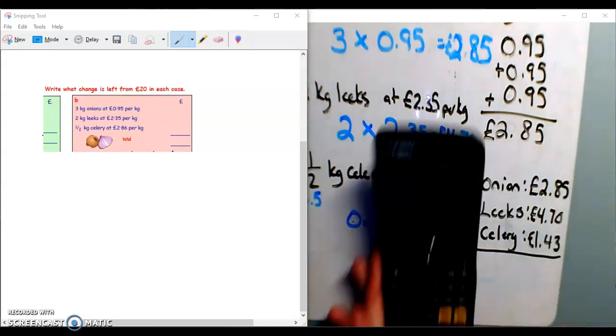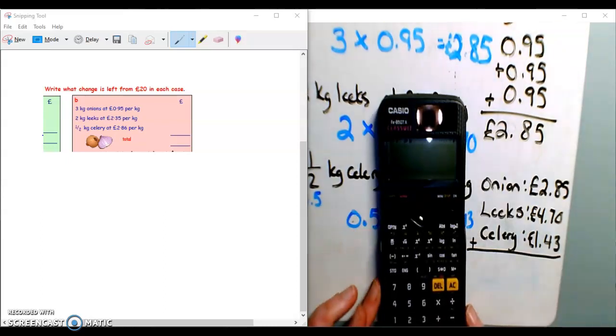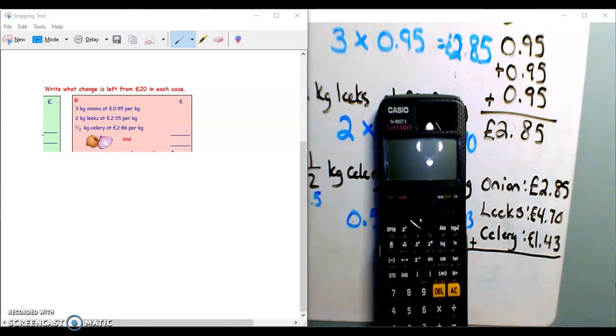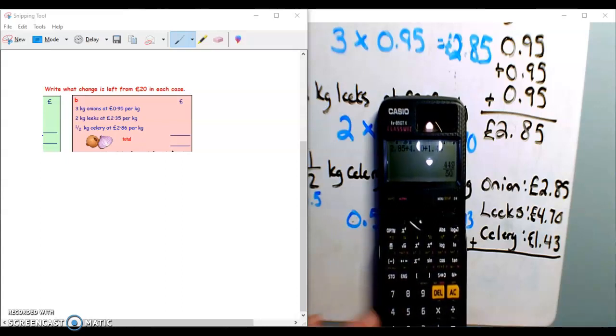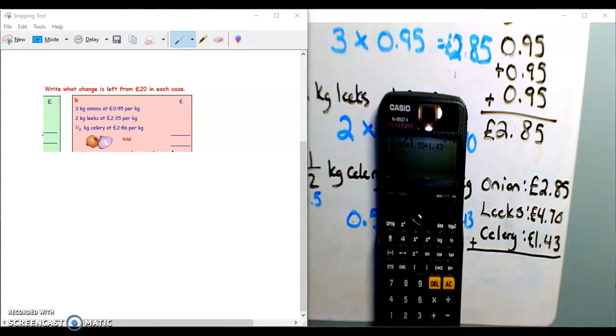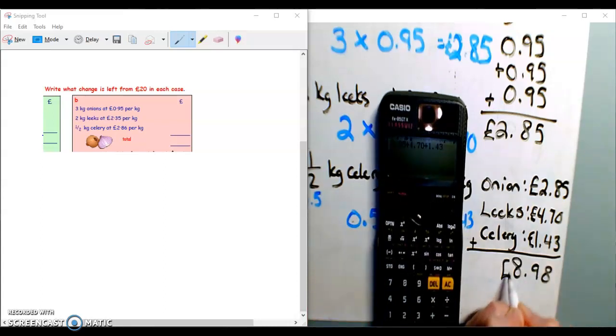We're going to add this all up: 2.85 plus 4.70 plus 1.43. Add up all that together and we get £8.98. That is what it's going to cost me to buy all of this.